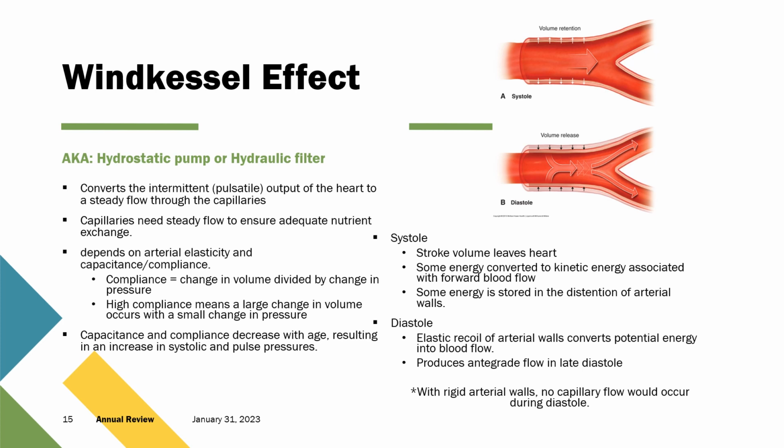In some of your more vascular-based literature, you're going to see it called the hydrostatic pump or the hydraulic filter. It converts intermittent or pulsatile output, such as when the heart goes into systole, and it retains some of that filling as potential energy in the walls, so that when the end of systole comes and we enter diastole, it can compress and continue forward motion.